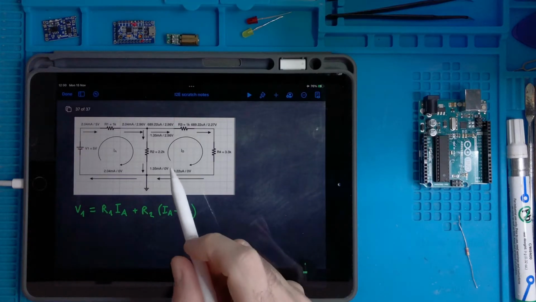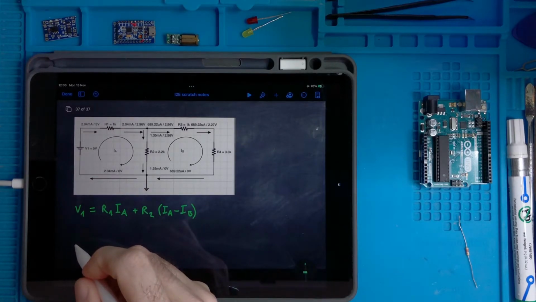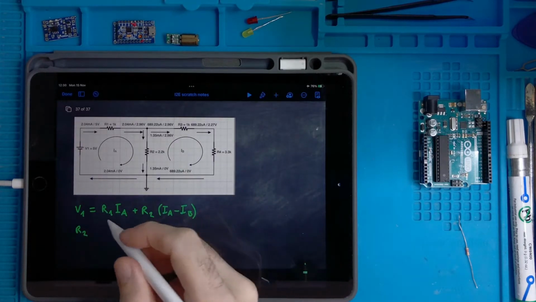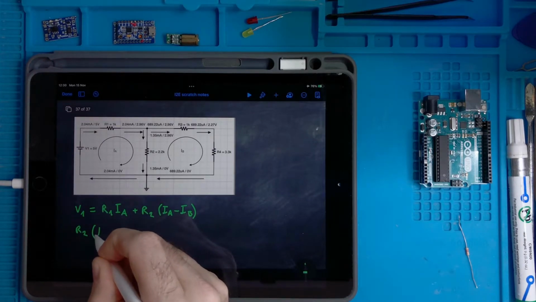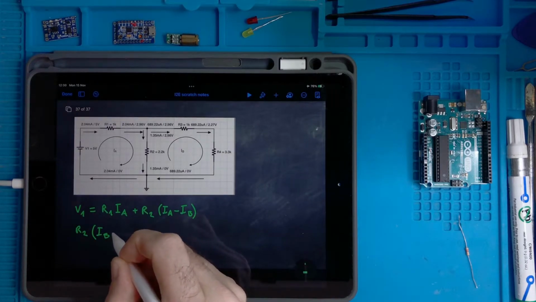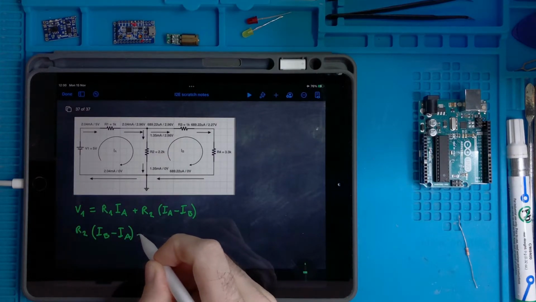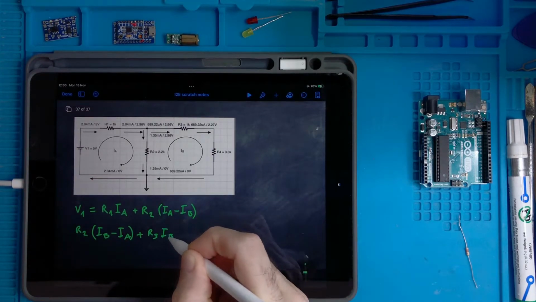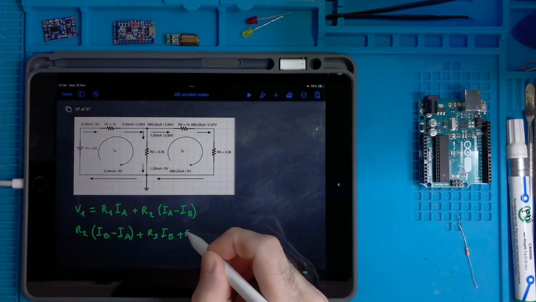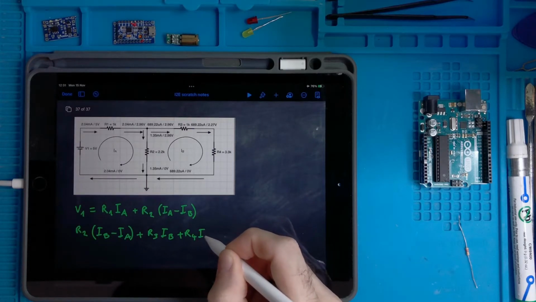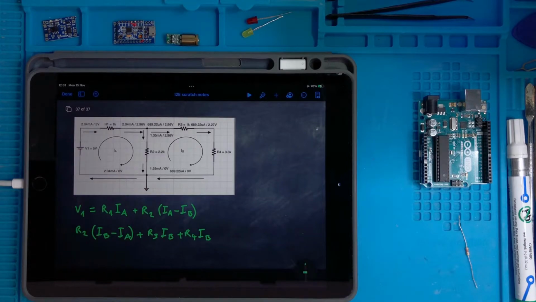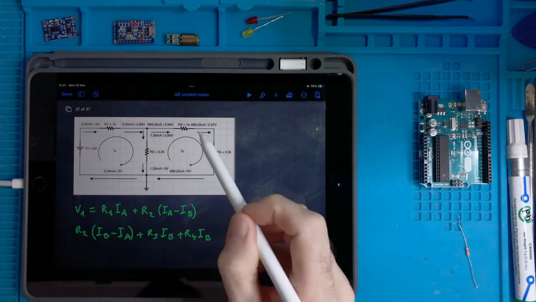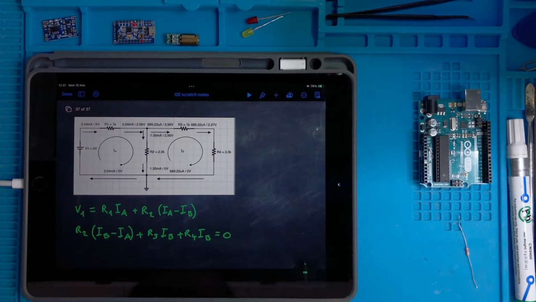Then I have another equation for the second mesh, which is that the voltage drop across R2, this time, is R2 multiplied by, since I am on mesh B, IB minus IA, plus the voltage drop across R3, which is R3 IB, plus the voltage drop across R4, which is R4 IB, must be equal to the summation of all the voltages of all the voltage sources within this mesh, but there are none, so it's equal to 0.